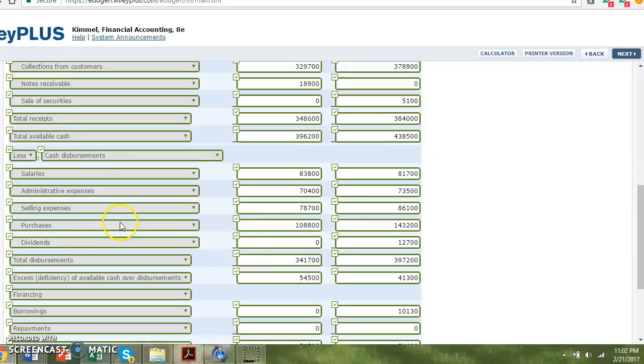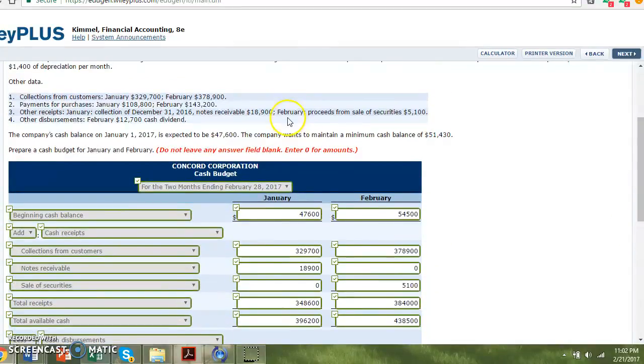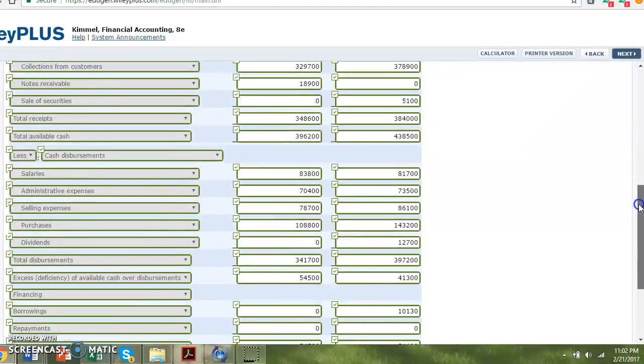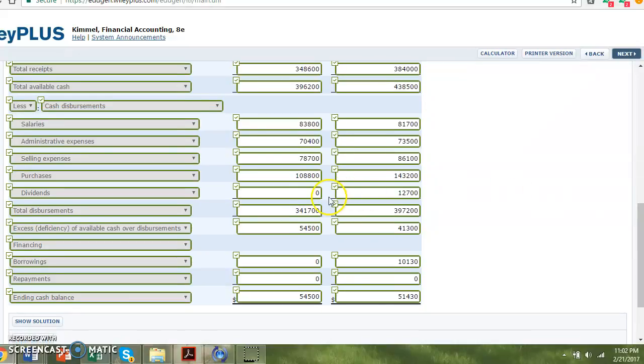Now there's 2 more fields here, so we have purchases and dividends, and that gives us that information right here. So we have payments on purchases here, so the $108,800, and then the February amount of $143,000. And then our other disbursements, it tells us in February we paid this cash dividend, so we added that in down here.